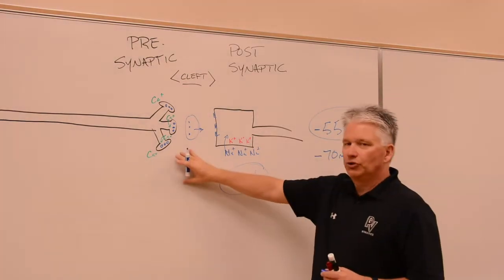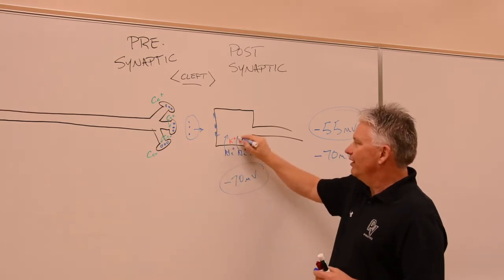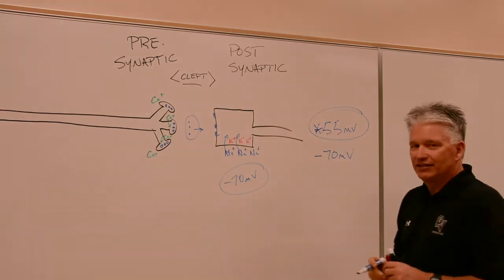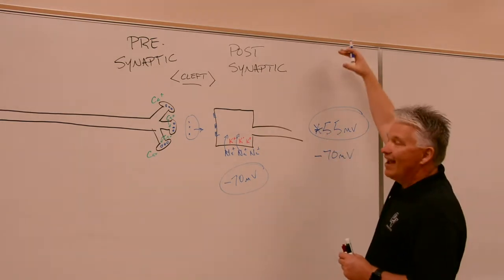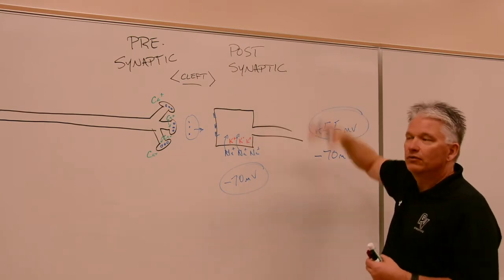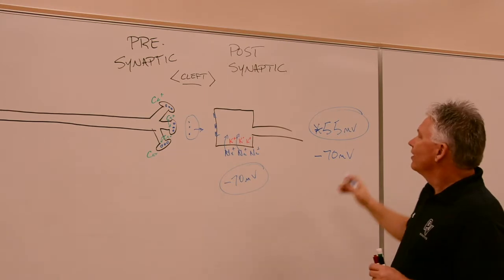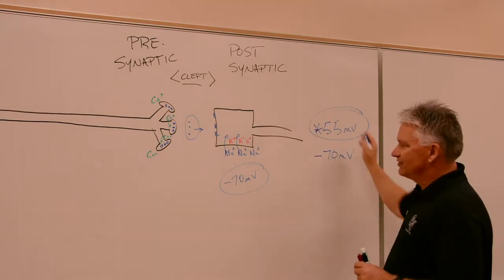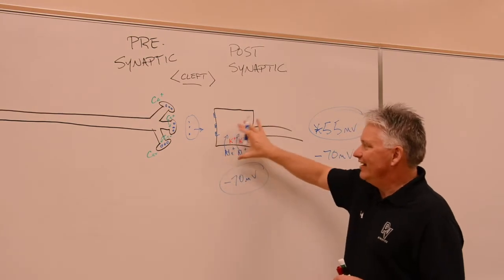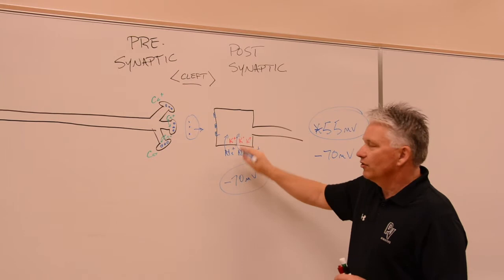A chemical neurotransmitter allowed sodium gates to open, allowed sodium to leak in, and got us to that threshold so that now we open the voltage gates and we allow what we would think of as depolarization. This is the trigger.